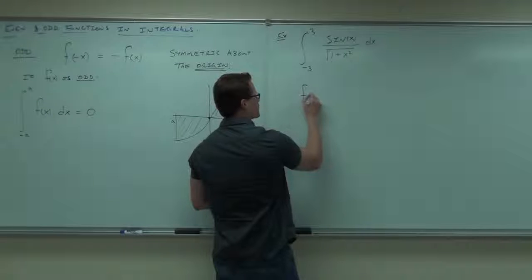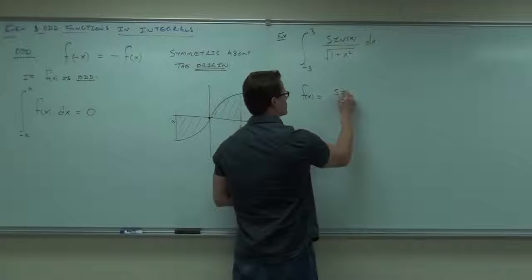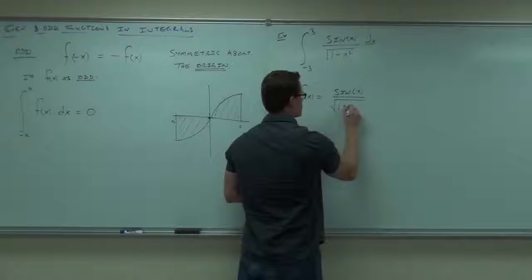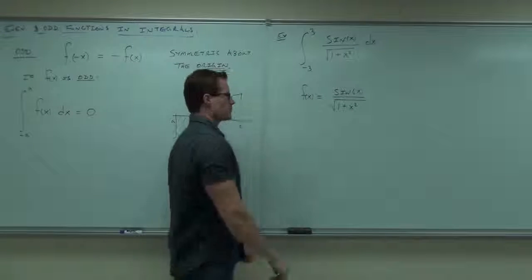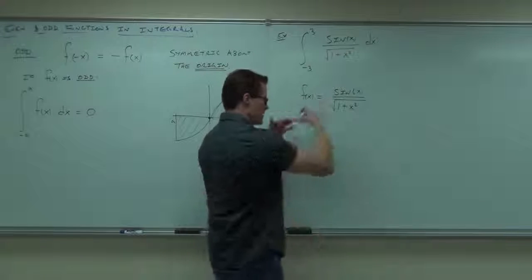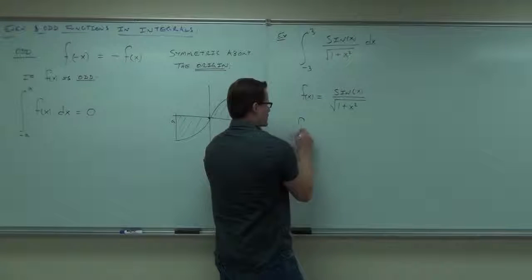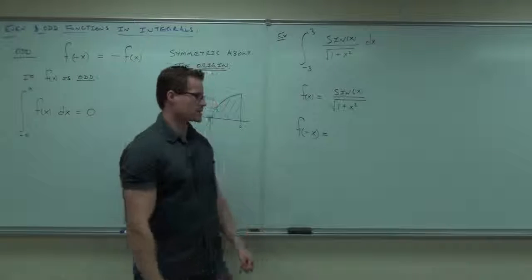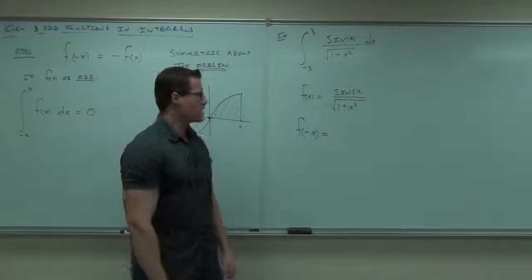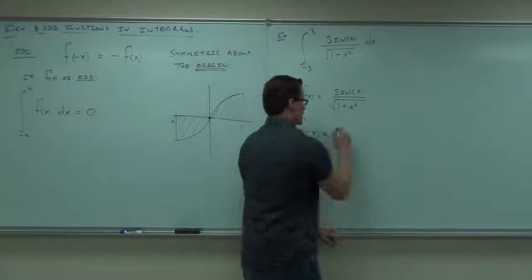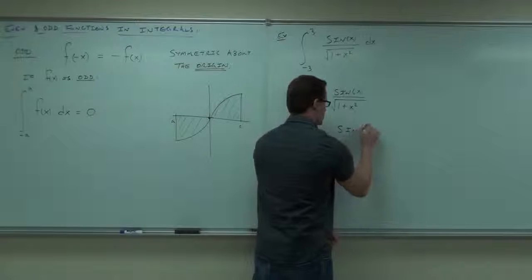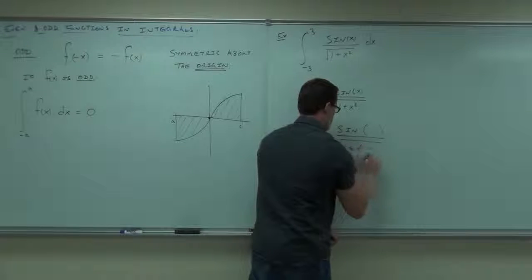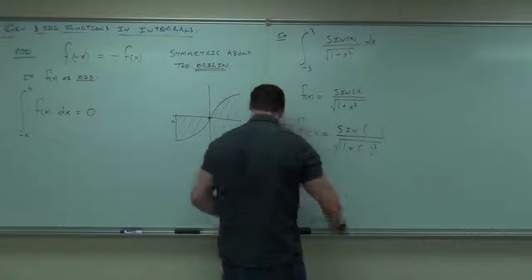What you do is you start out with your function. That's what we're trying to get to, but maybe have a negative in front. And you say, what I want to do is plug in negative x and see what it does for us. So take everywhere you see x and see what happens.